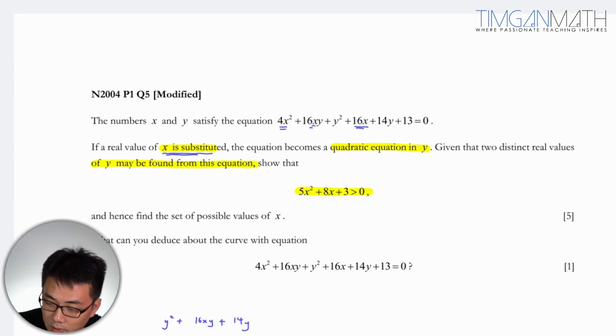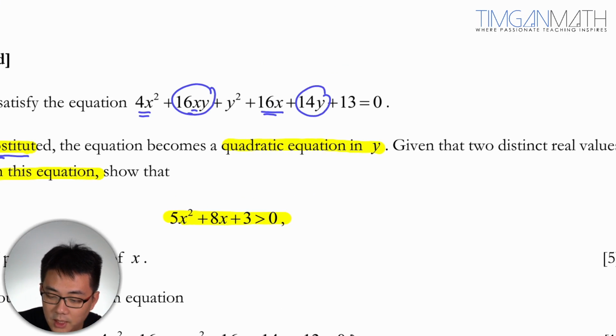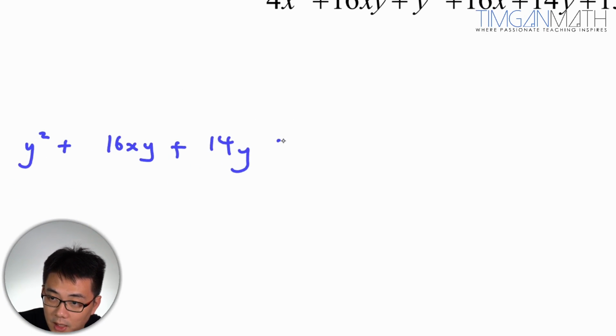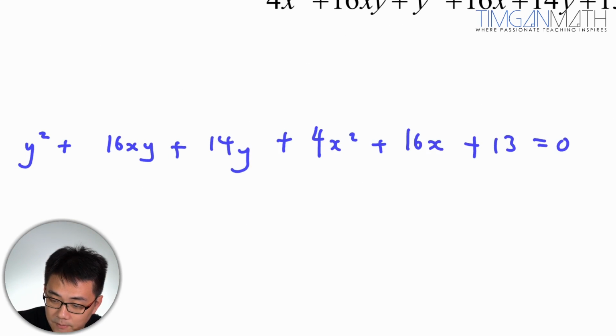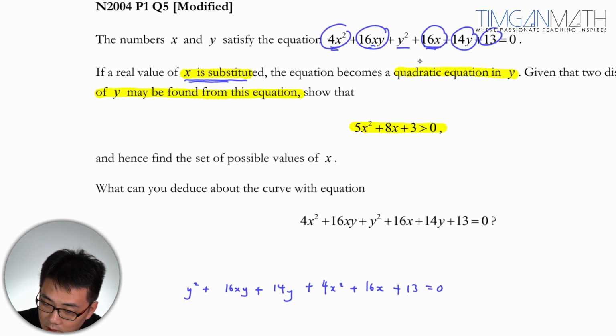I just take the coefficient of y and group them together. Then the constants will be 4x squared plus 16x plus 13, so this will be plus 4x squared plus 16x plus 13 equals 0.